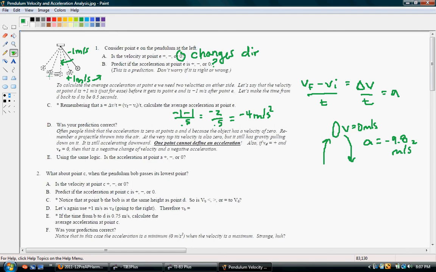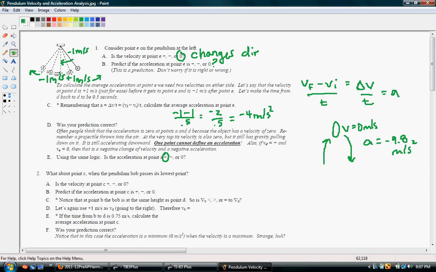Well, at point B, it's probably moving to the left, negative 1 meter per second. And then as it approaches A, the velocity equals 0. It's becoming less negative, which would cause a positive acceleration.